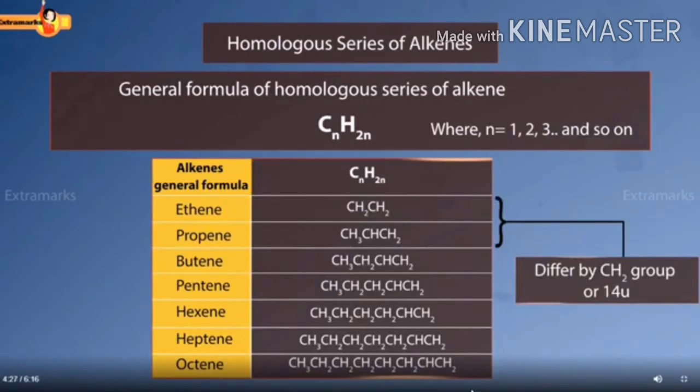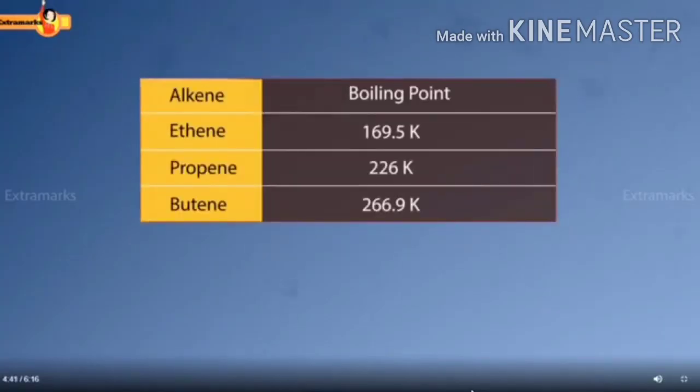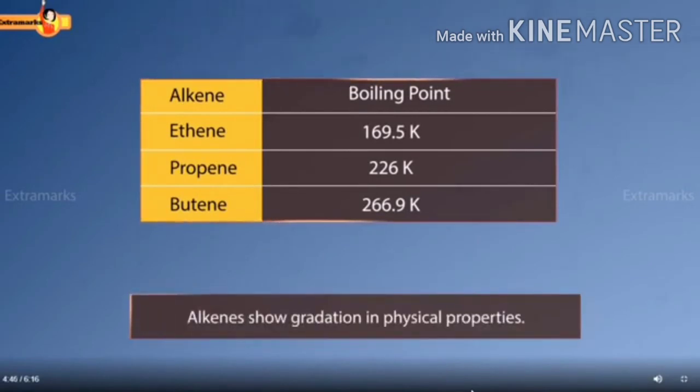All the alkenes show similar chemical properties. For example, all of them react with hydrogen in the presence of a catalyst like nickel or platinum and form alkanes. Talking about the physical properties, you will notice that they show gradation. That was all about the homologous series of alkenes.